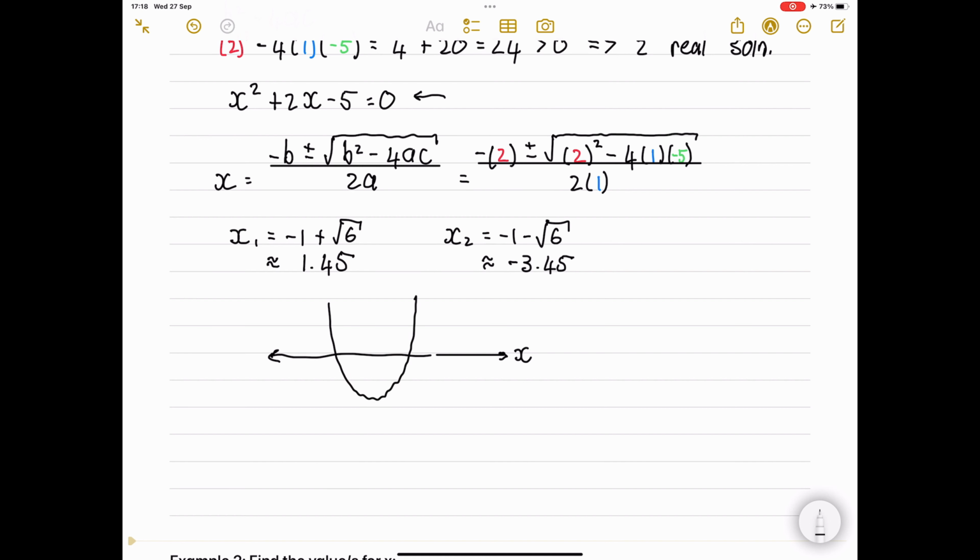This basically means that the point over here is going to be where x is negative 3.45, and over here your x would be 1.45. That's how you find your roots, and that's why we want to calculate the x values.